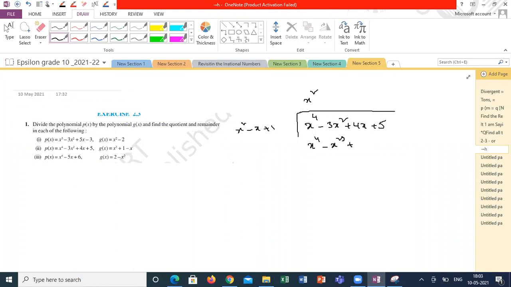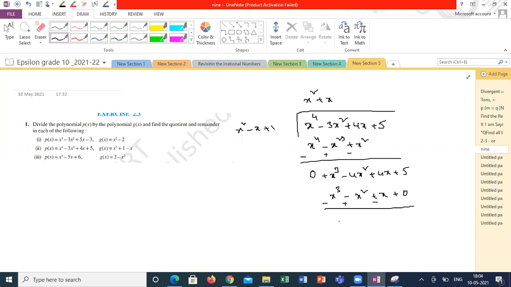x square, so this will be minus plus minus 0. x cube minus 3 minus 4x square plus 4x plus 5. Next one is plus x. We're taking x cube minus x square plus x plus 0.